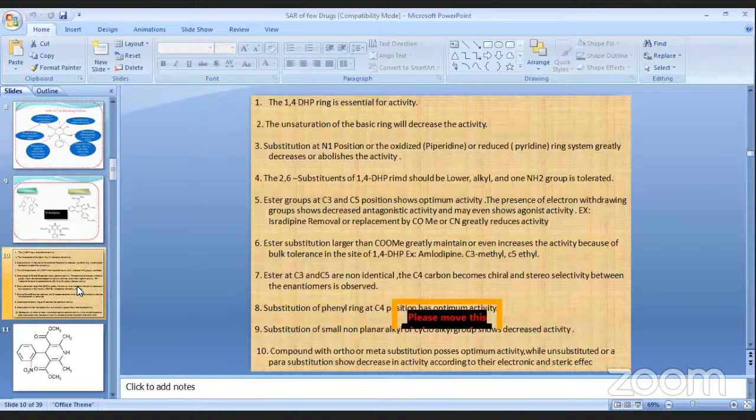I told you before that the 4th position is very important, because a benzene or phenyl ring is there.